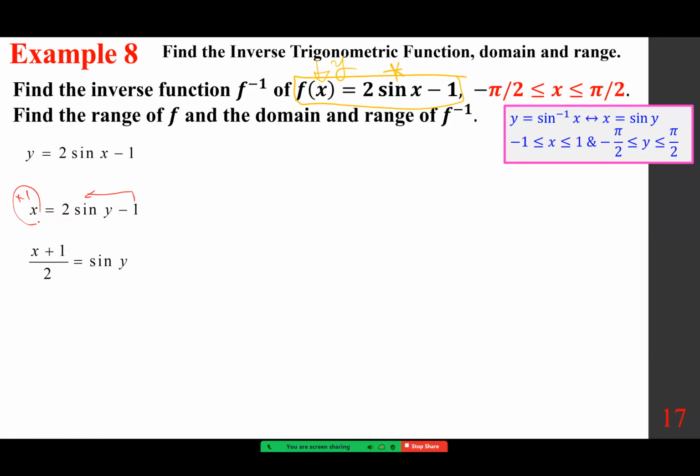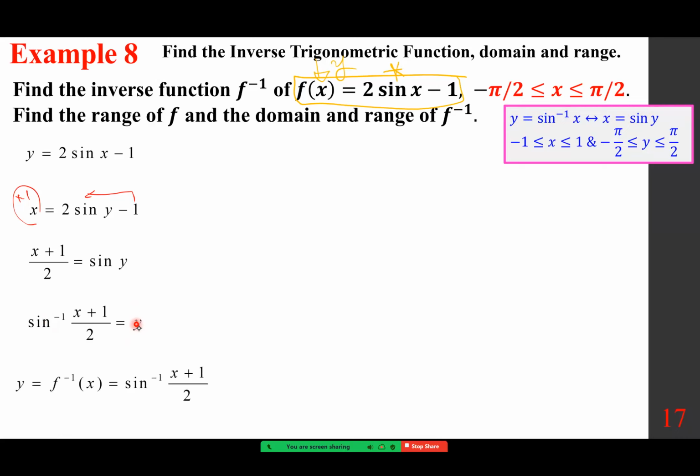And so now, by definition of an inverse, sine inverse of x plus 1 over 2 is y. This is the concept of a sine inverse. You can go from here to here. You see that? And we change the y to f inverse of x. So we found the inverse.